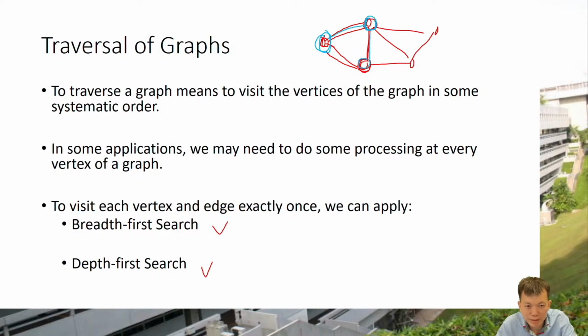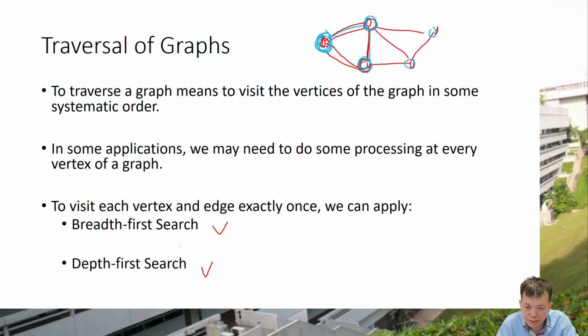No problem. Then when you are trying to visit this one, you know that this guy is his neighbor, and this guy is his neighbor. You need to know that this one is already visited. You should not visit it again. So maybe you will choose this one only. Then the question is, how do you design an algorithm, a very systematic way, to visit every node?